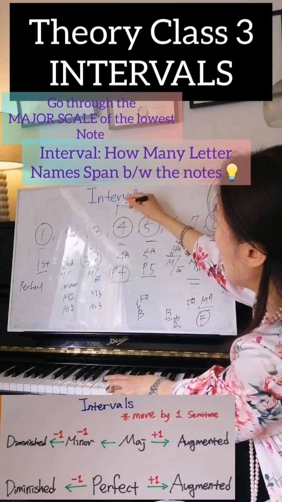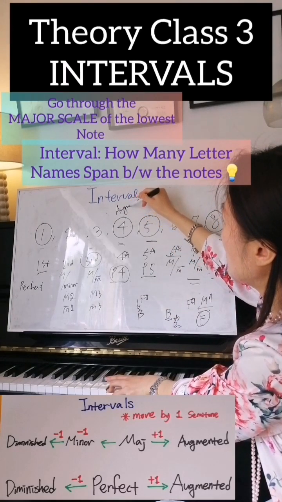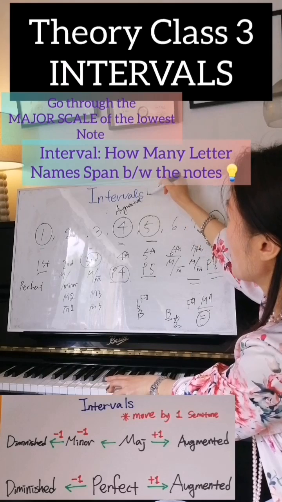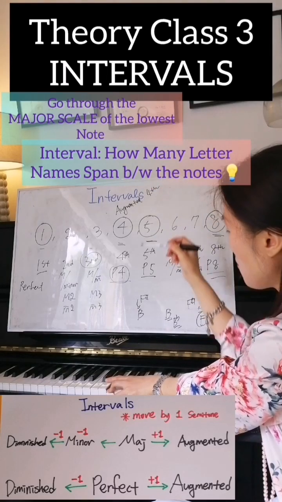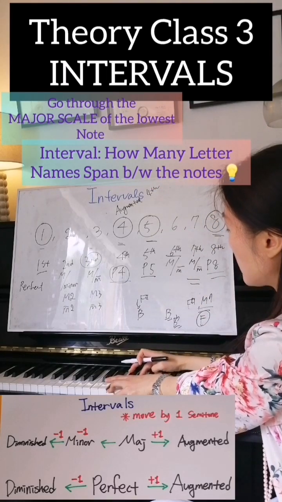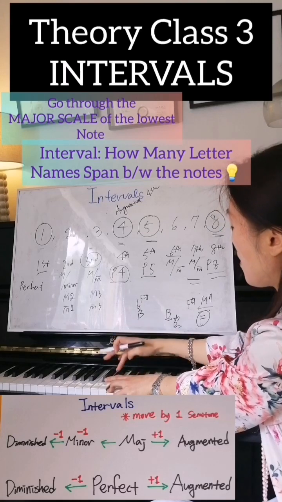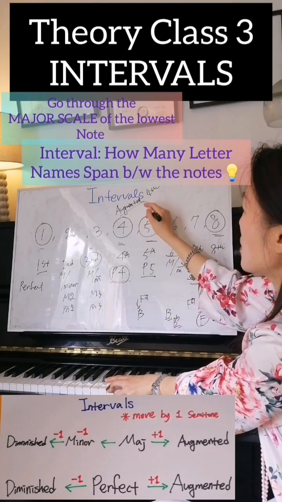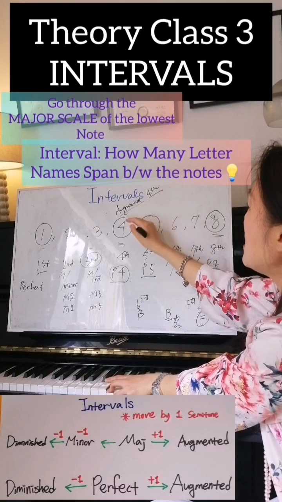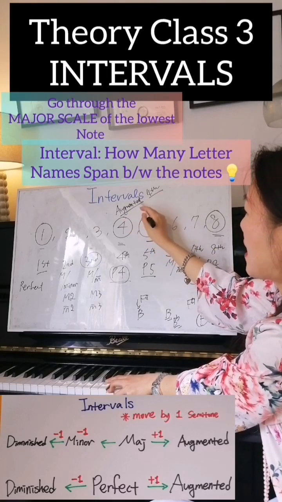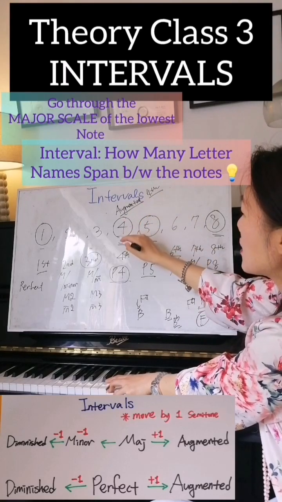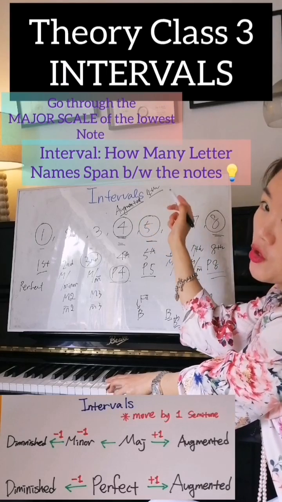That becomes augmented fourth. We use the term augmented when you raise the perfect fourth by one semitone.